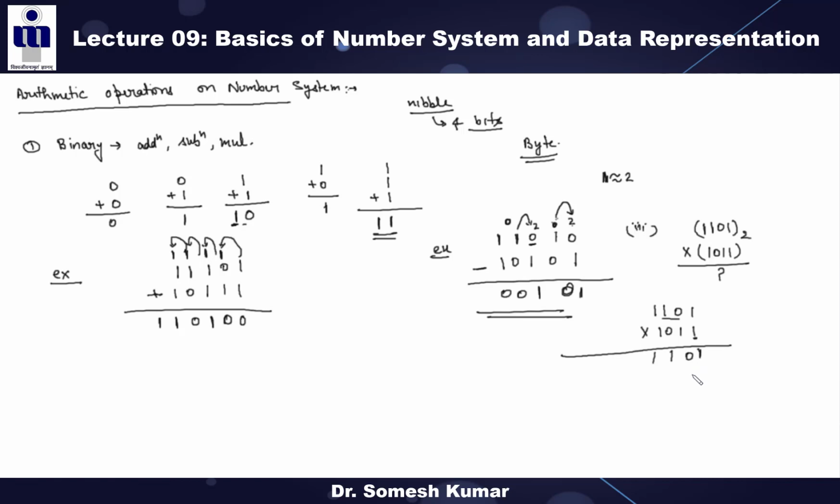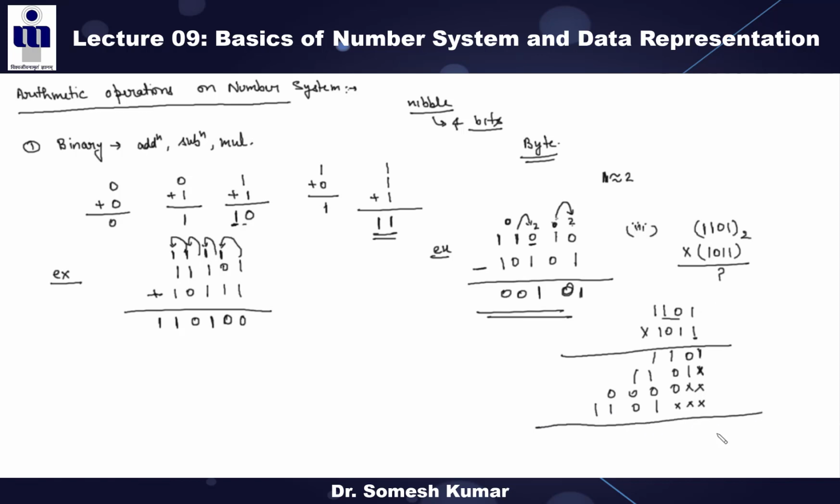Now, leave this digit, right? Again it comes 1, 0, 1, 1. Now leave two digits, then 0 multiplied by this number gives 0 in all 4 positions. Now again multiply this 1 with this number, it comes 1, 0, 1, 1, and then the addition.